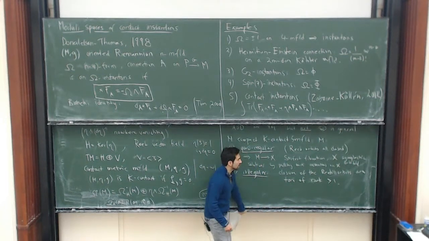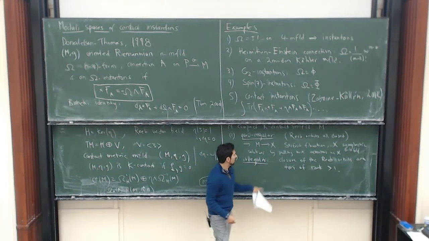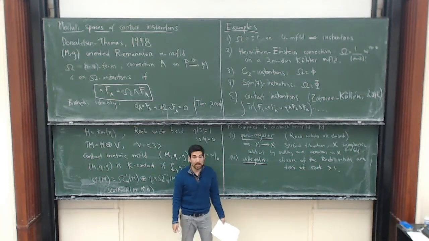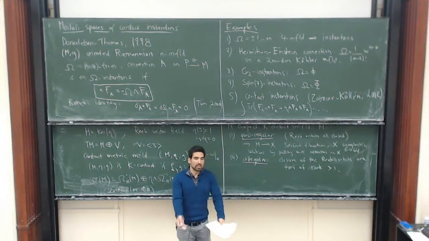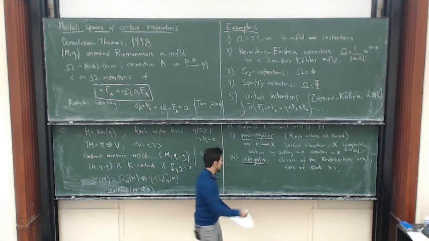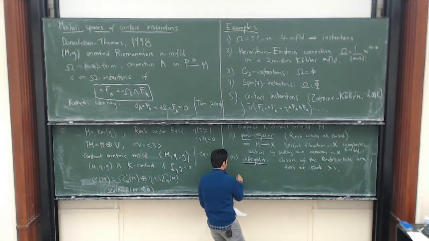And one class of irregular compact K-contact manifolds was generated just a couple of years ago by physicists. These are called the Y^{p,q} spaces.